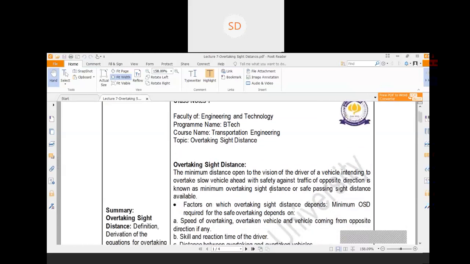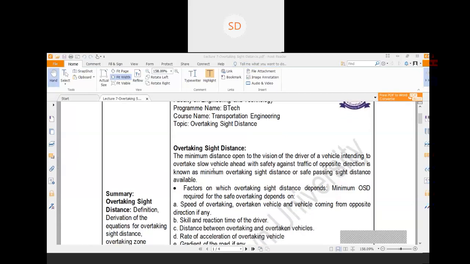So, in terms of definition, the overtaking sight distance is defined as the minimum distance open to the vision of the driver of a vehicle intending to overtake a slow vehicle ahead with safety against traffic of the opposite direction.